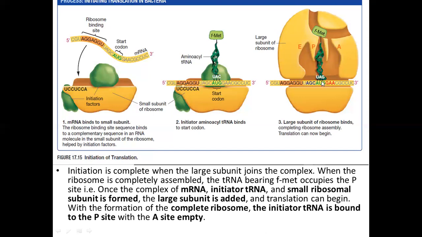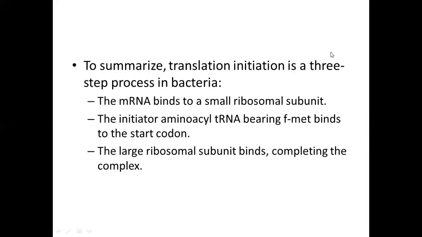We have AUG on the messenger RNA, and we have the anticodon, which is UAC. So during initiation, the initiator tRNA is bound to the P site, and the A site will be empty.